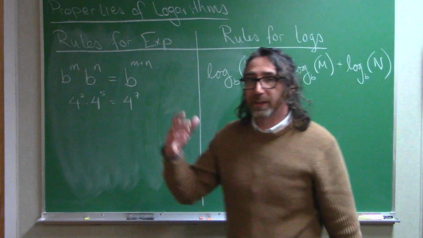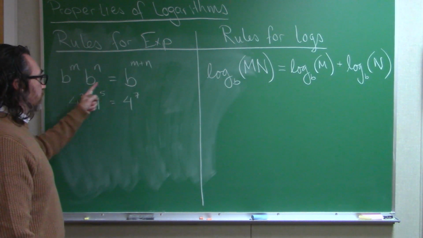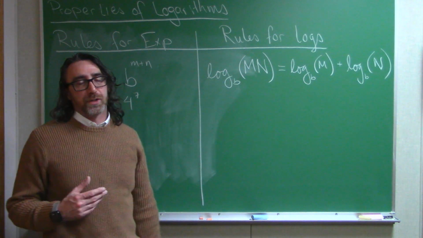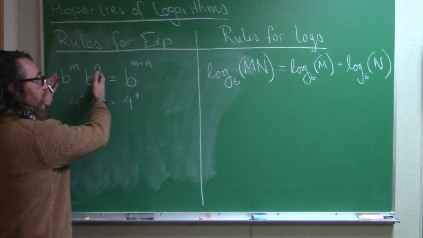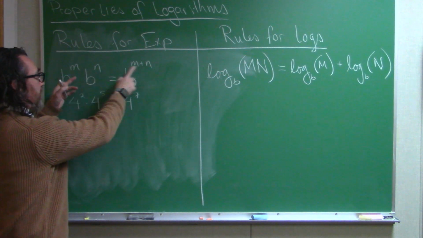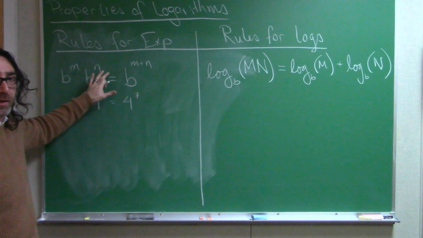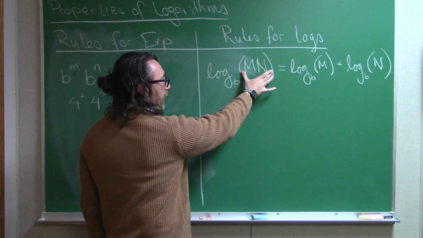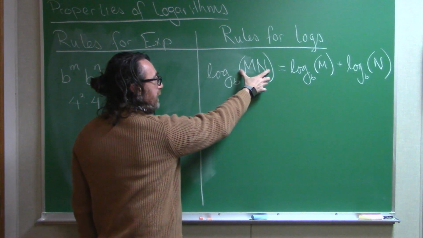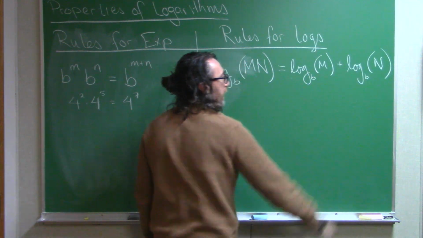Since the log tells you the exponent, each corresponding rule for exponents gives rise to a rule for logs. So what power should we have on the product? Well, you add the powers that you need for each individual part. You take the power from this plus the power from this. And that's exactly what we're saying over here. What exponent should I use on B to hit this target? Well, I use the exponent for this part plus the exponent for this part.